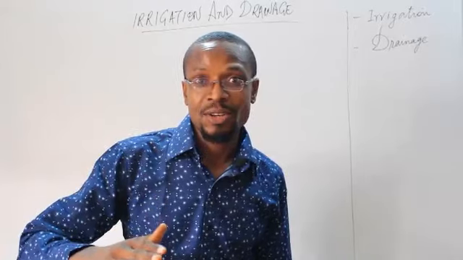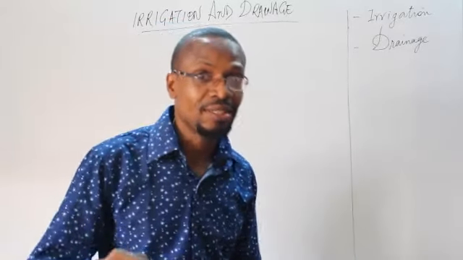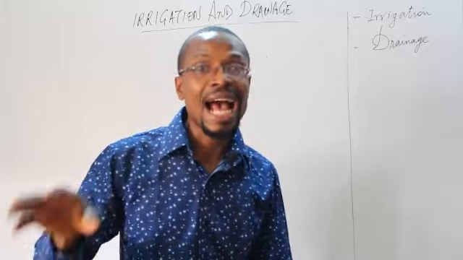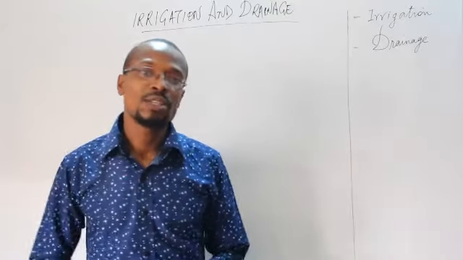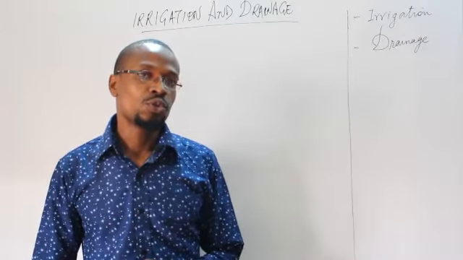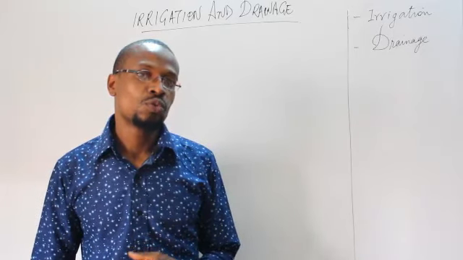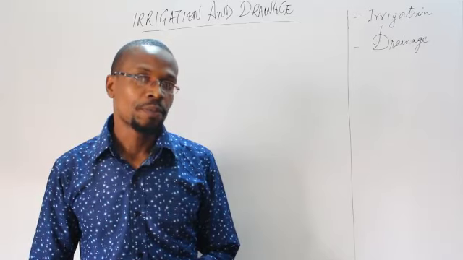Irrigation talks about adding water to the surface of the soil artificially, artificially introducing water to the surface of the soil, to make up for the shortage in rainfall.